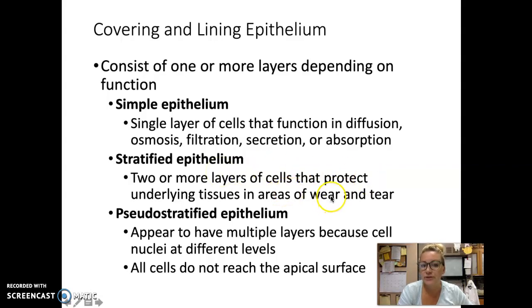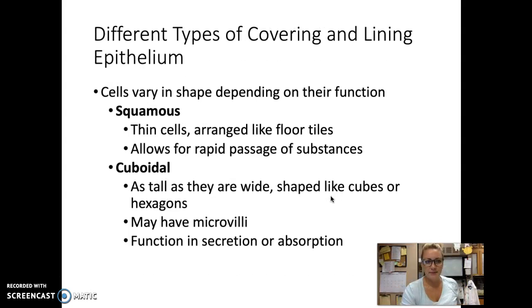And generally these are for wear and tear, like the movement of things going across each other. And then pseudostratified, just because the nuclei are located at different levels, it looks like it has a lot of layers, but it doesn't. All of the cells are attached at the basement membrane. They don't have to reach the apical surface, but they are all touching the basement membrane.